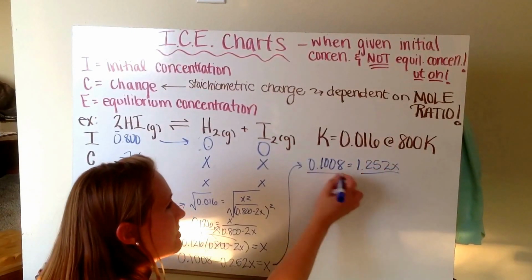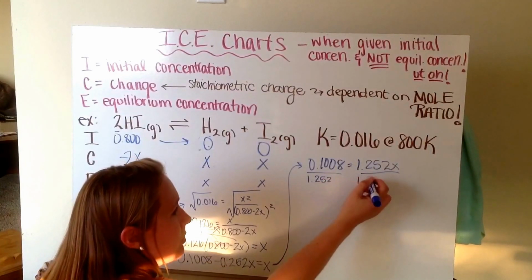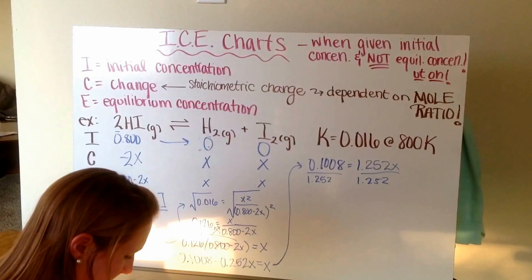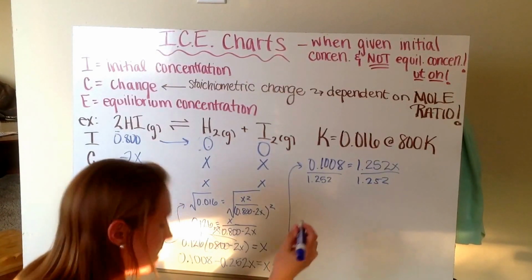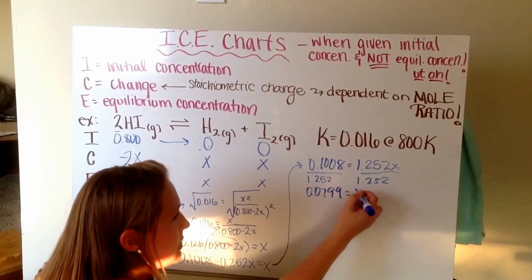And I divide both sides by 1.252, and I get X is going to equal 0.0799.